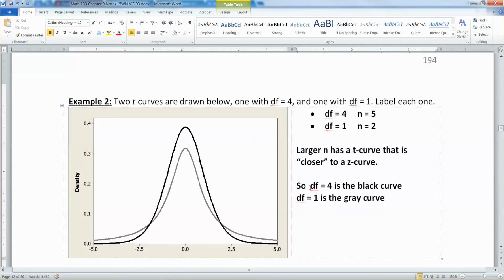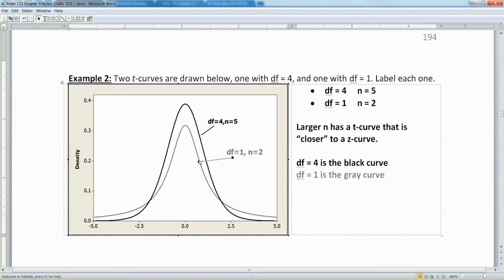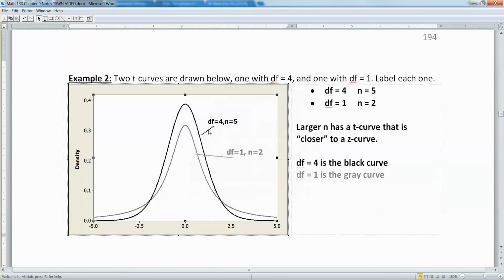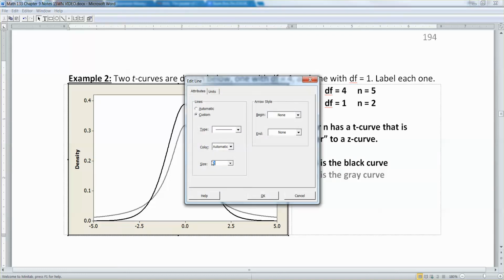I've labeled them for you in the graph. The gray one has degrees of freedom 1 and n equal to 2. The black one has degrees of freedom 4, n equal to 5.